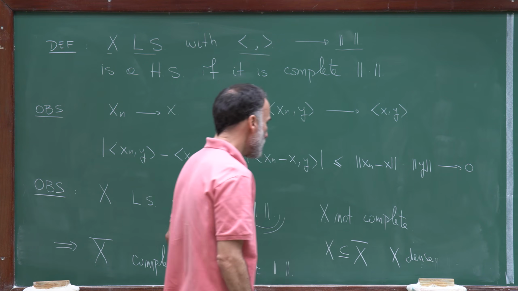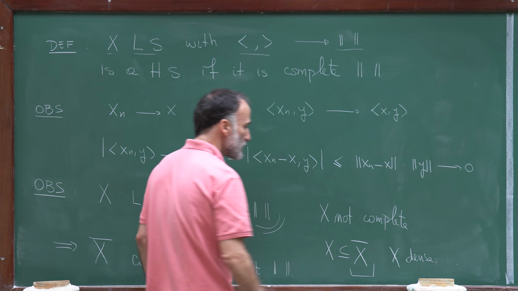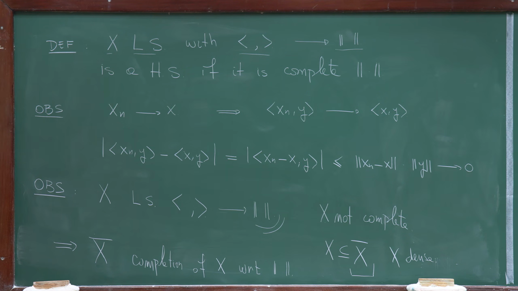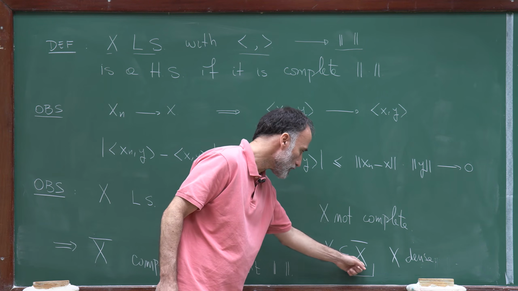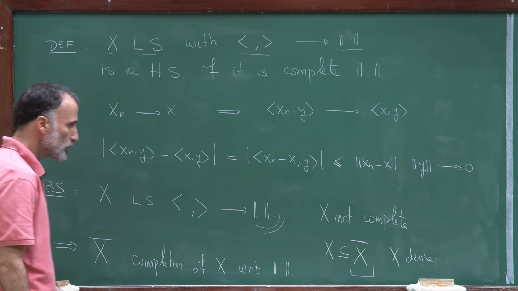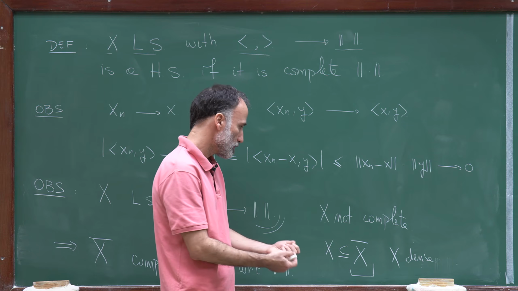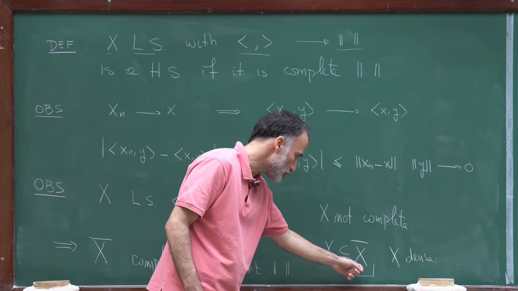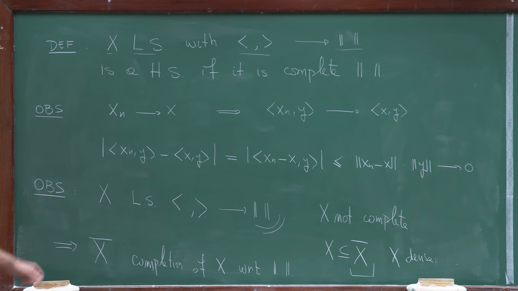Okay. Now my claim is that this space is a Hilbert space. To do that, I need to define a scalar product in this space and then show that this space, with the norm induced by the scalar product which I will define, is complete. And this is the topic of the next few minutes.